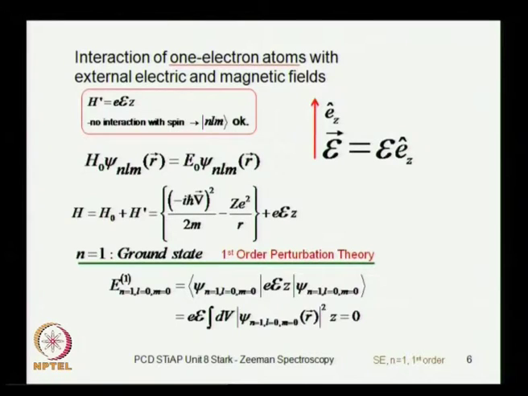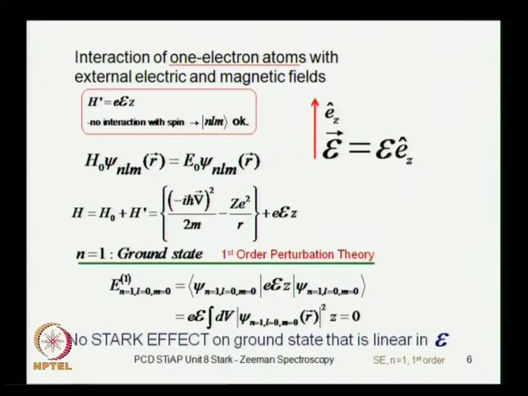So, this integral vanishes, and essentially what we find is that there is no Stark effect at all. It does not change the ground state energy of the hydrogen atom. If you keep it in an electric field, its energy is not going to change, okay, because the matrix element in the first order at least does not contribute anything.